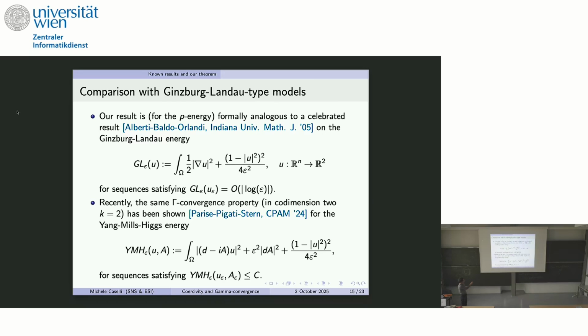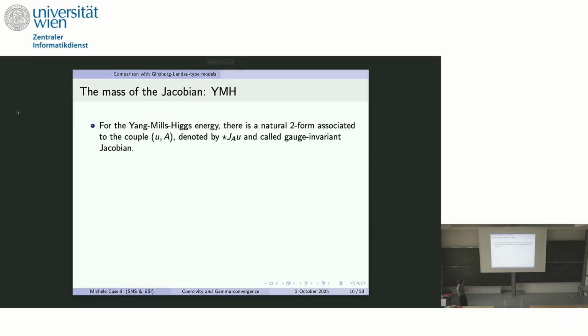So here, u is a map from, let's say, R^n to R^2, and A is a one-form or a vector field. In the Yang-Mills-Higgs framework, one minimizes or deals with sequences that are couples of a map and a one-form.